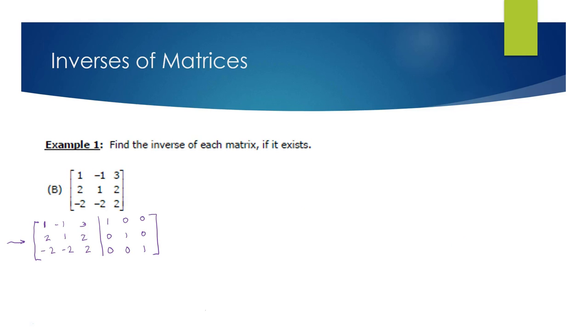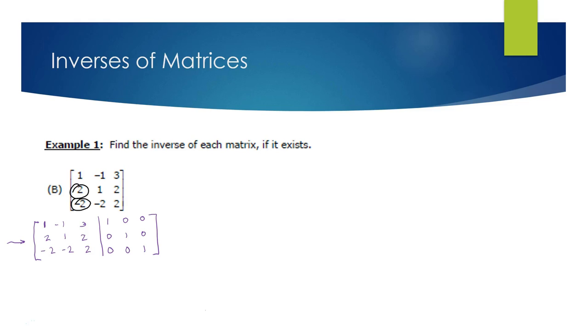I'm going to write the second matrix as an augmented matrix. I notice that in the upper left-hand corner I already have a 1, so that's pretty easy. I just have to get this 2 here and this 2 here to become zeros. So I'm going to take row 2 and subtract away 2 times row 1, and take row 3 and add 2 times row 1 to get the new row 3.